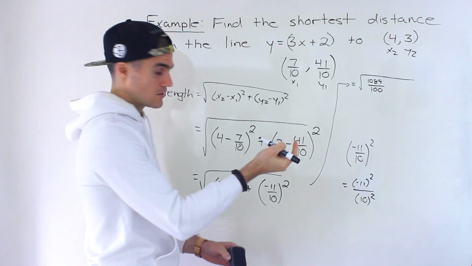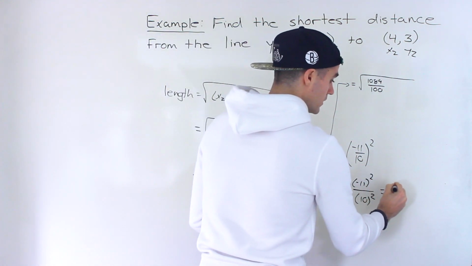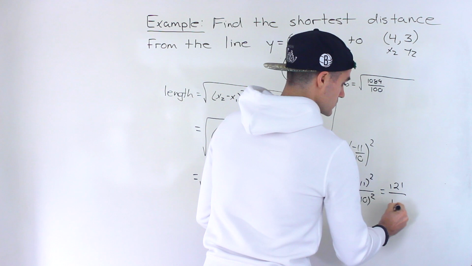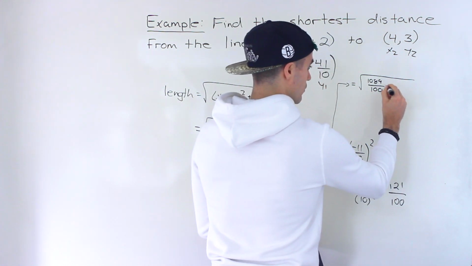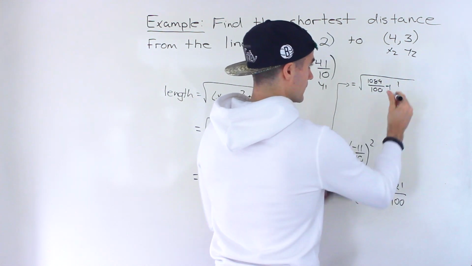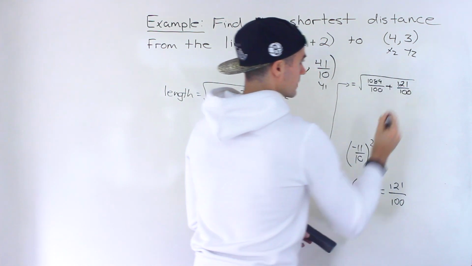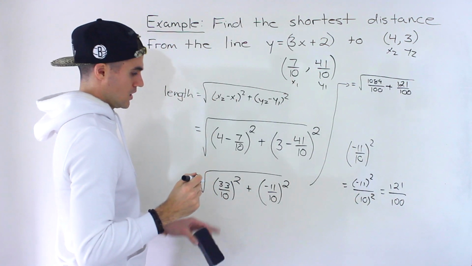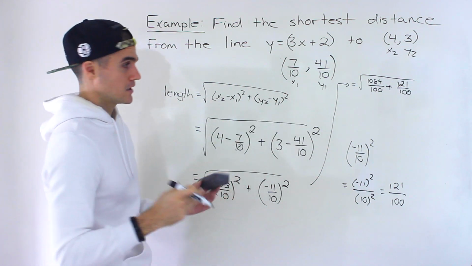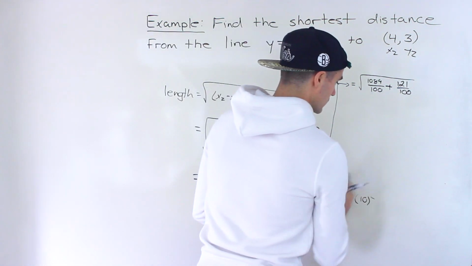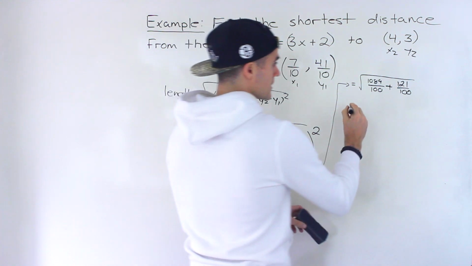Negative 11 to the power 2 would give us 121. 10 to the power 2 would give us 100. So we'd end up with, this is plus 121 over 100, which is nice. Notice we have a common denominator there. We don't have to worry about finding that.